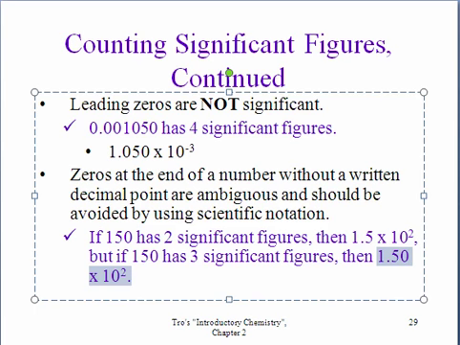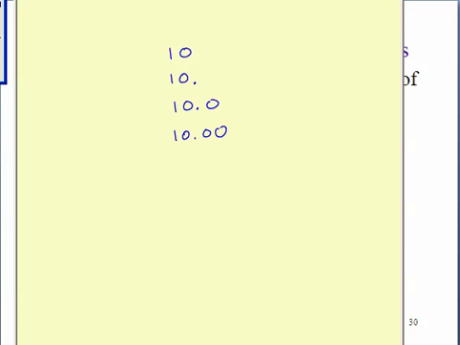So let's look at this in a little bit more detail. Let's look at these three different representations. And again, in math land, all four values would be the same. But in chemistry land, we have to really be careful about the precision of our instrument, and our numbers are used to reflect that. So this only has one sig fig.